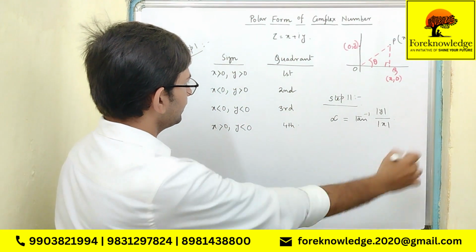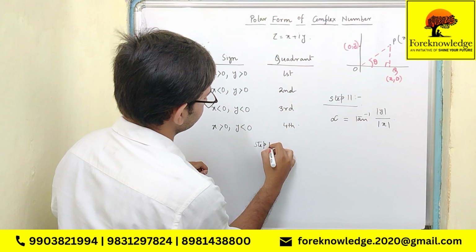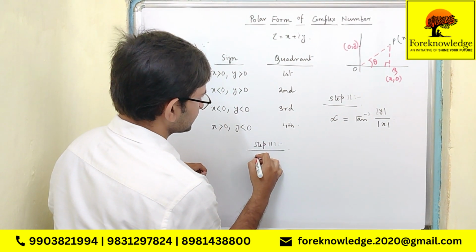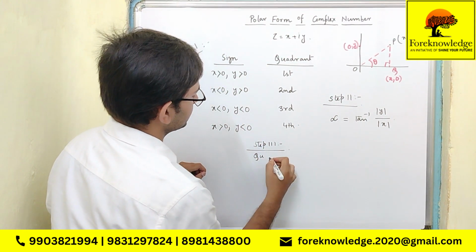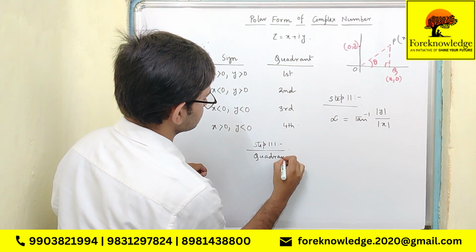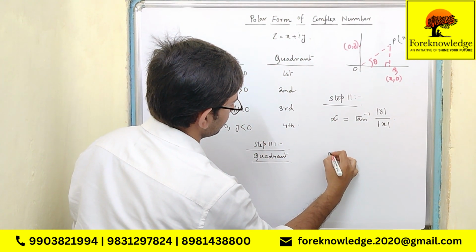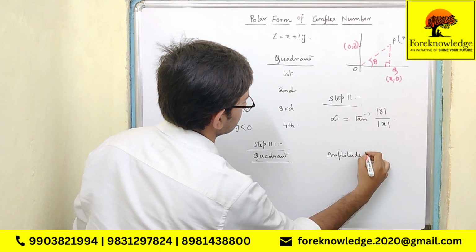Okay. Now comes step 3 and the most important step. This is the quadrant, and this side the amplitude of z.